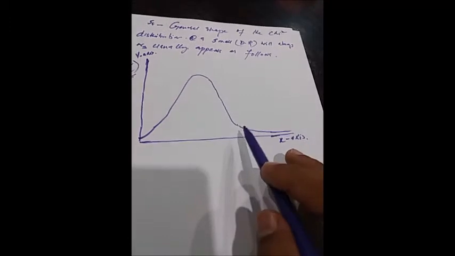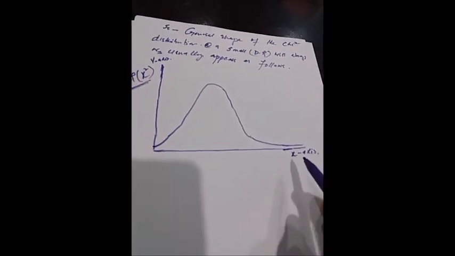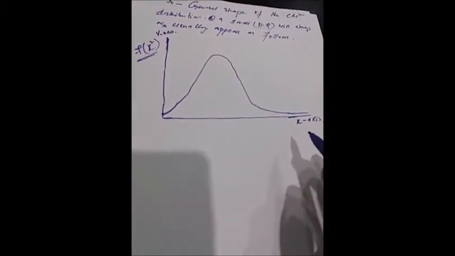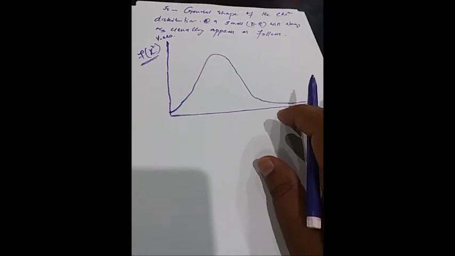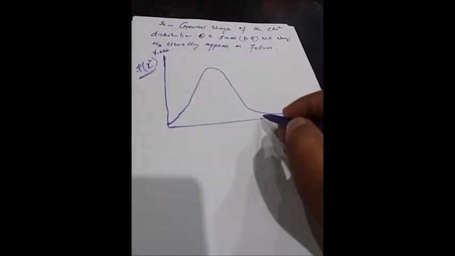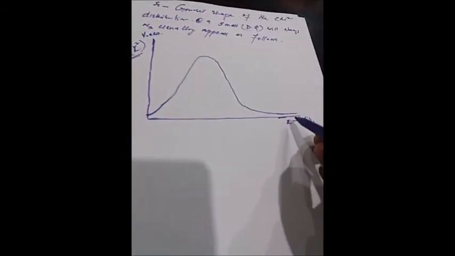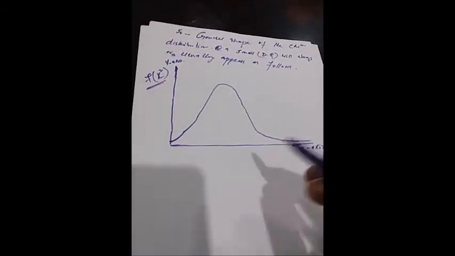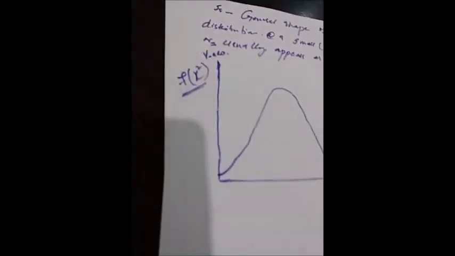In this diagram, the tail increases from the right side, so the chi-square distribution is right skewed. This is not a normal distribution.